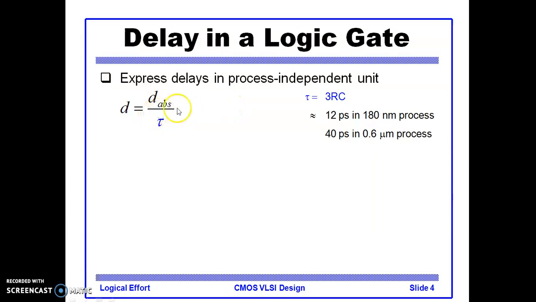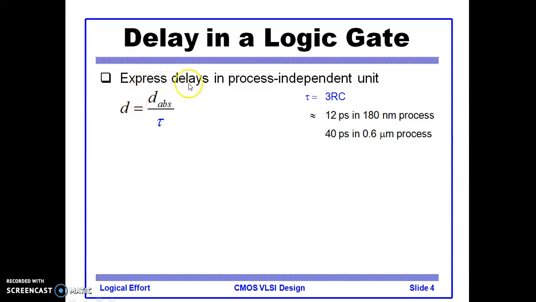Now we know that we are going to express the delay in terms of seconds, nanoseconds or picoseconds. So instead of specifying them in terms of seconds, we'll define a delay D, which is nothing but the absolute time, in seconds, divided by tau, where tau is also in seconds. Once you have seconds divided by seconds, we end up with a constant value.